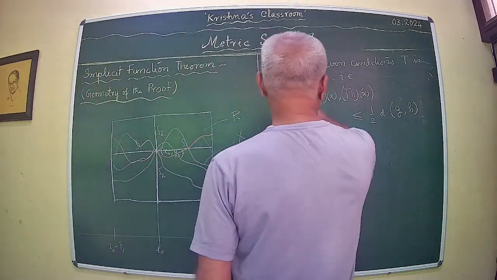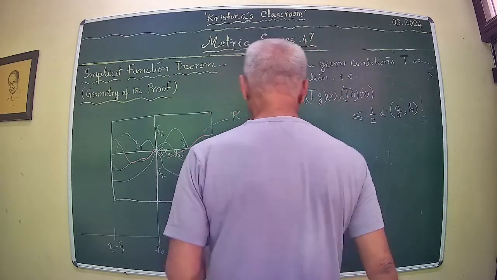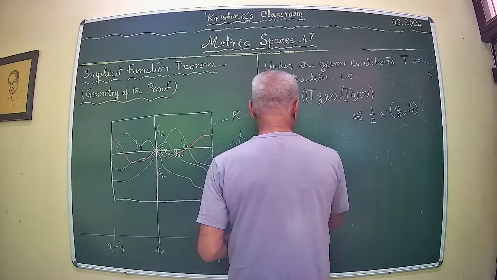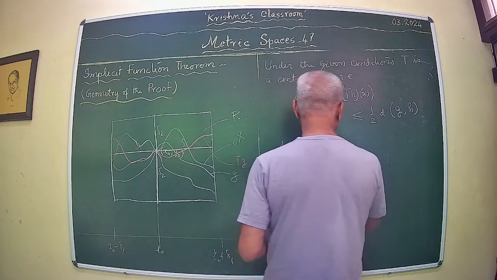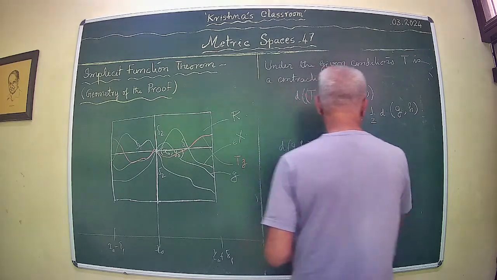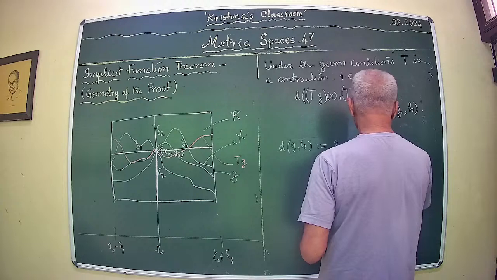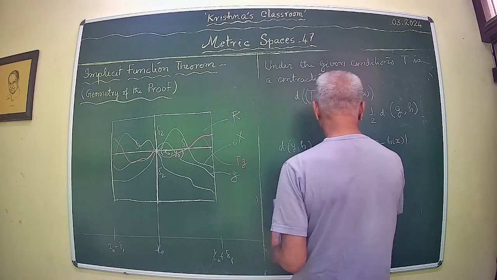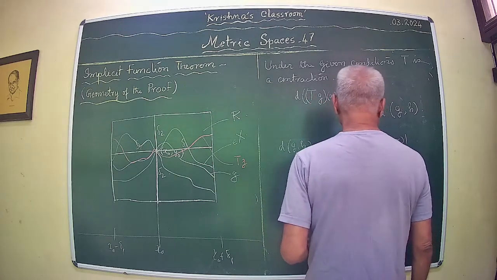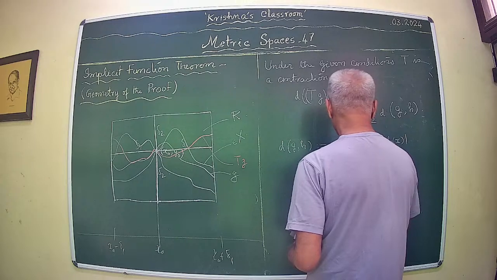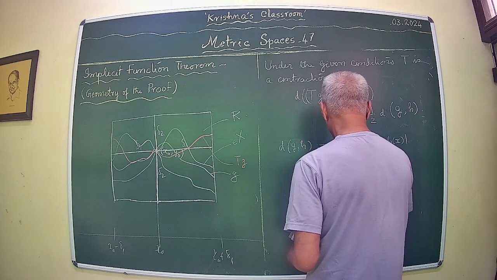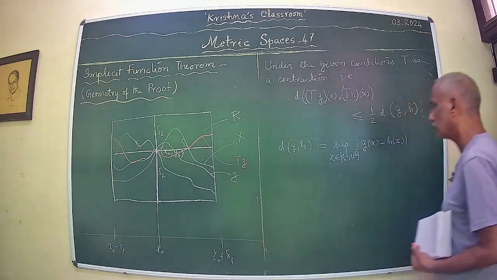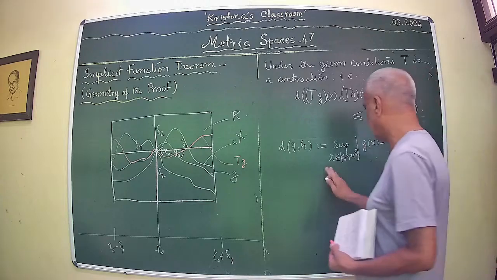Here the distance is calculated as the difference of these functions, and so distance of g, h. So that is the definition.